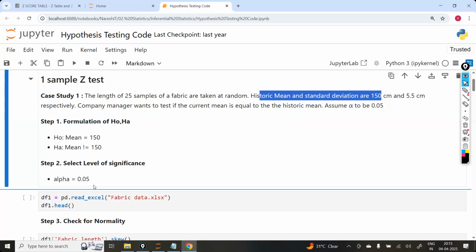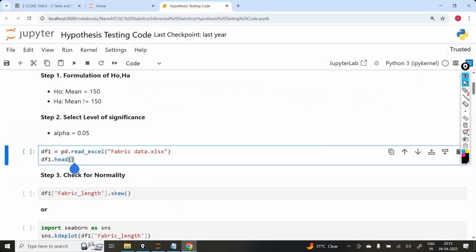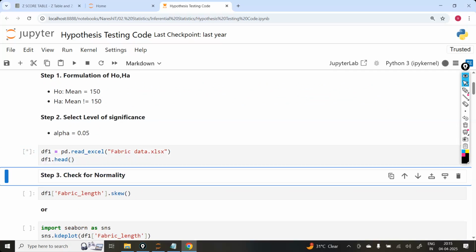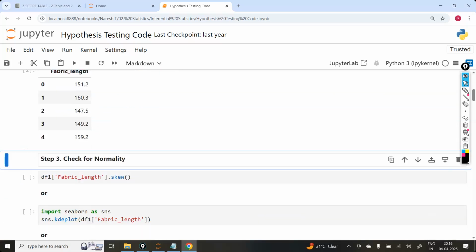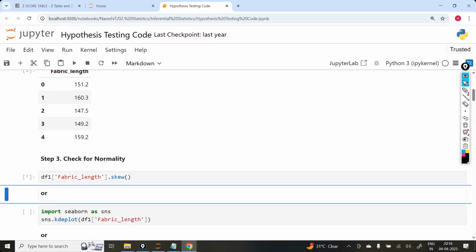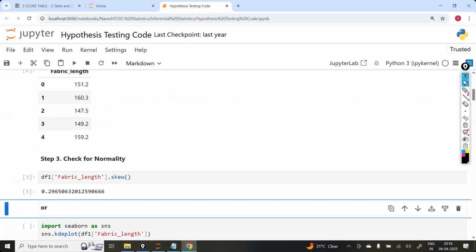Check whether the data is normally distributed. When you are doing it manually, by default it is normally distributed and you are drawing the diagram. But when you are doing it in Python, you have to load the data and check for normality, whether the data is normally distributed or not. How to check normality?